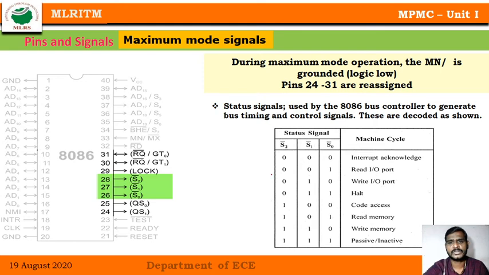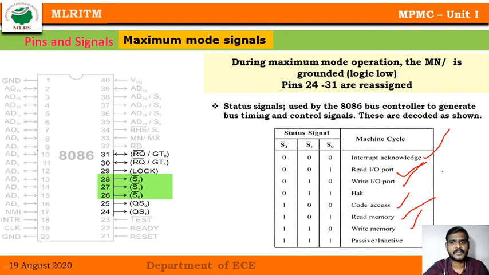In such scenarios, if I want to know the status of what the processor is doing, these three signals give it: 000 is interrupt acknowledgement, 001 is read input port, 010 is writing to the output port, 011 is halt, 100 is code access, 101 is read memory, 110 is write memory, and 111 is inactive mode.